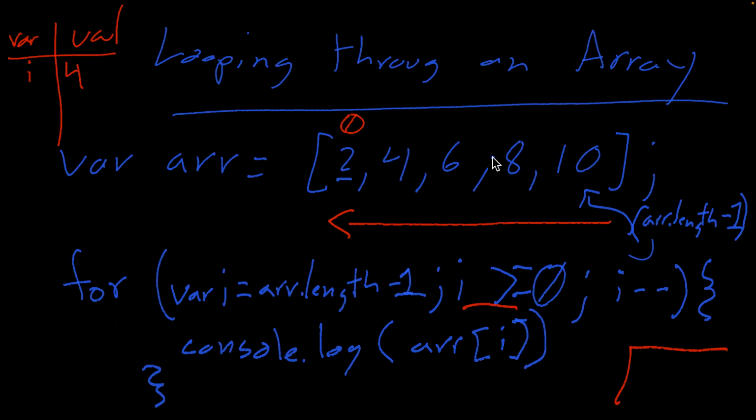Let's write that there so we can all have that visual. R at index I, which is starting at 4, is 10. So then we log 10 first. Once we do this, we decrease I. So I becomes 3.